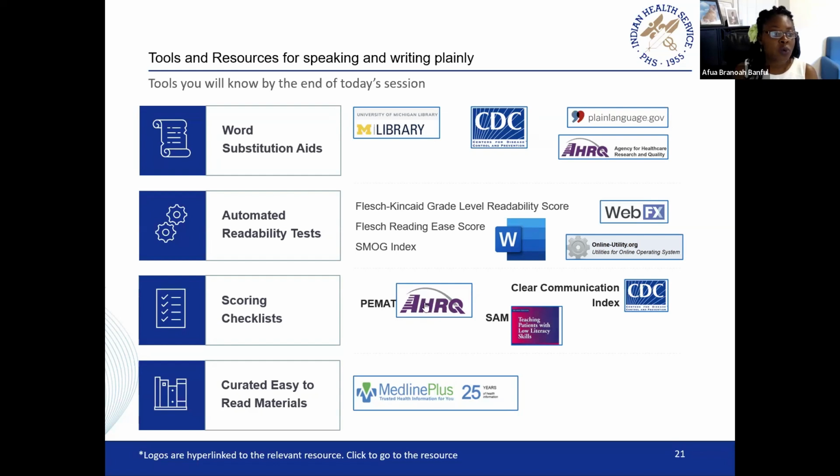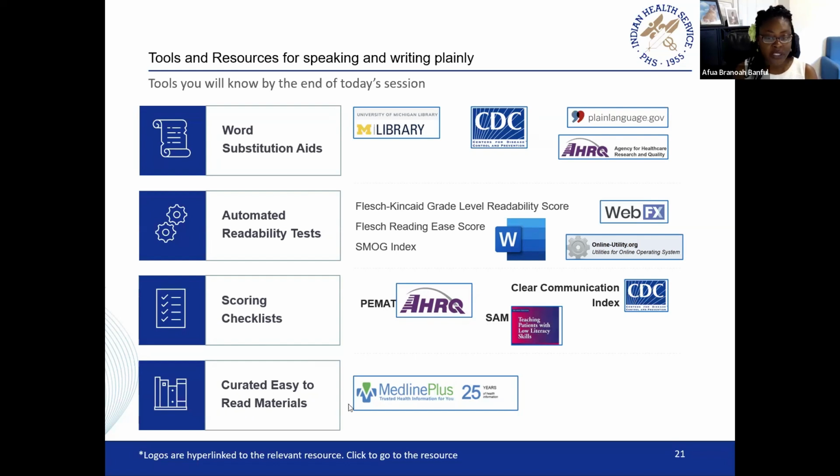Depending on the type of work that you do, you may not need to go that deep in them. But if you're routinely writing material that's going out to the community at large, these would be very helpful and useful to check how understandable and clear the content is.